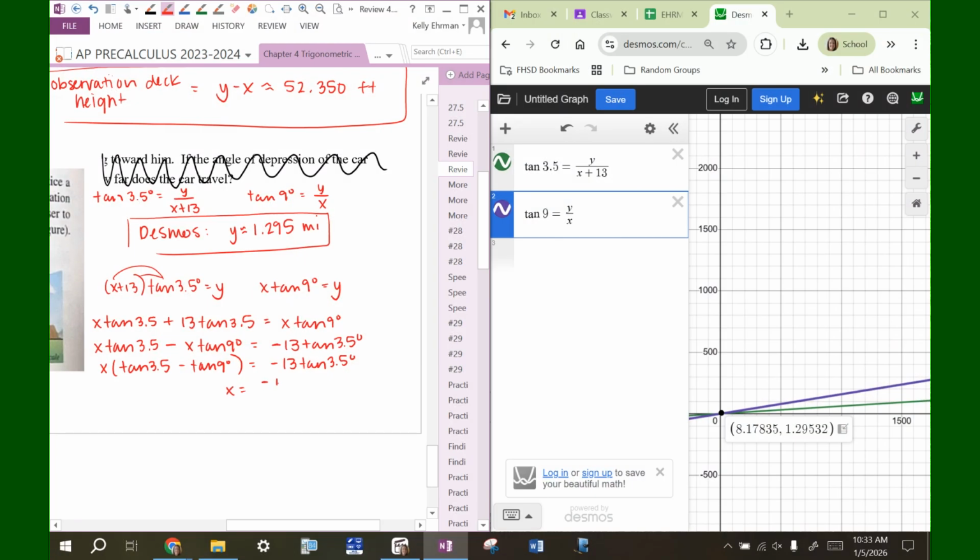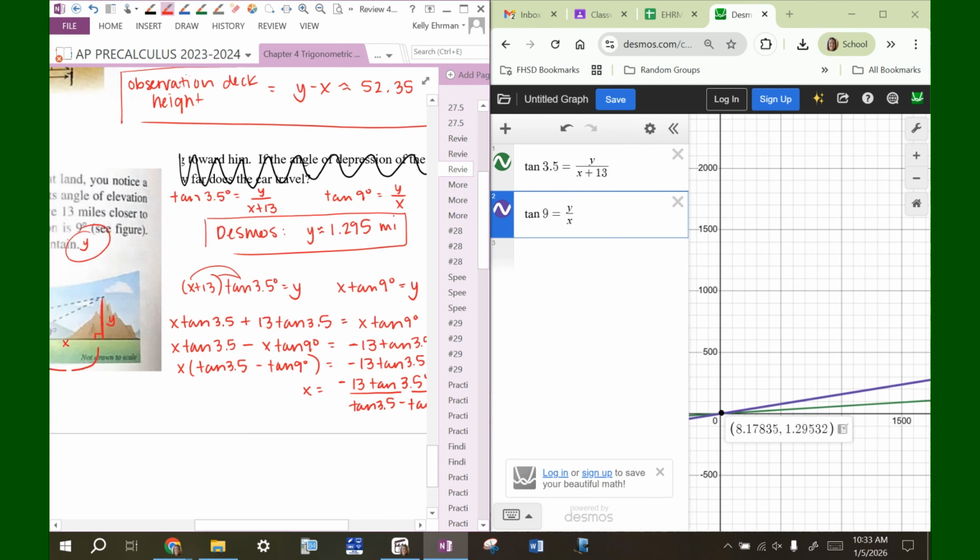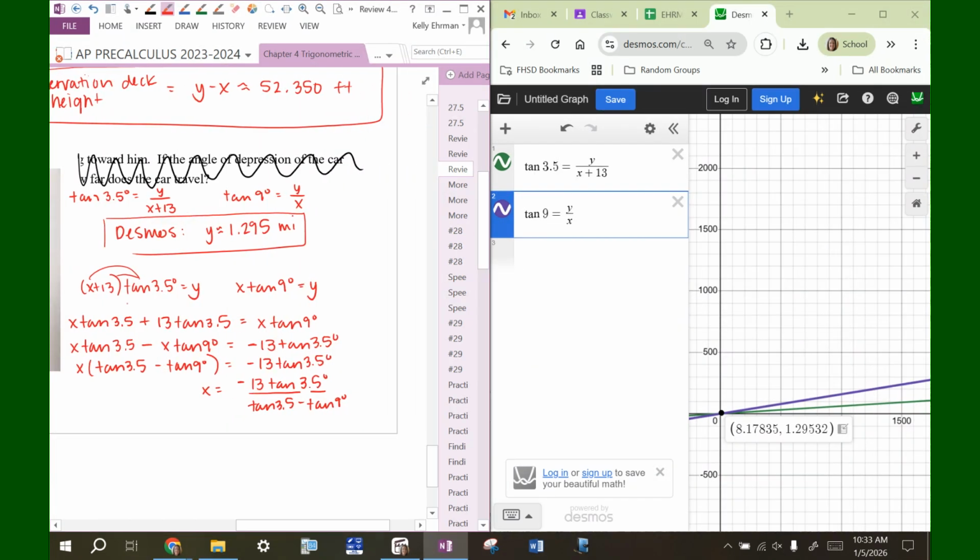Now you have to be careful because x is not the final answer. Let me write this down first. I'm going to get an answer for x, but remember, we want y. Well, back here, we have two equations to find y. y is x times tangent of 9. So y will come out to 1.295. But let me do this math to double check.